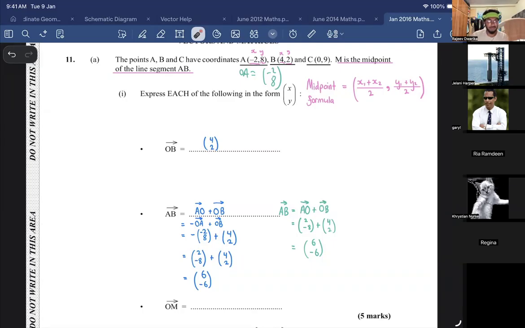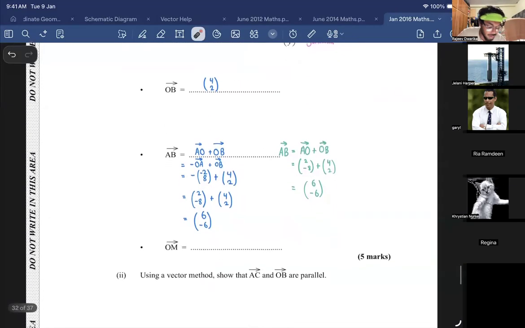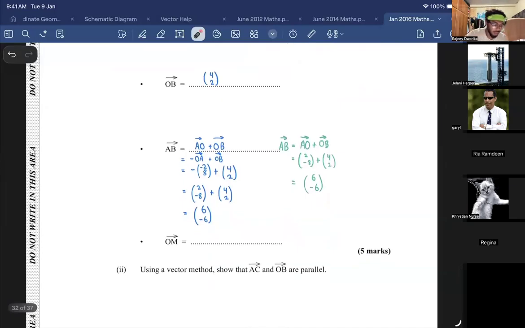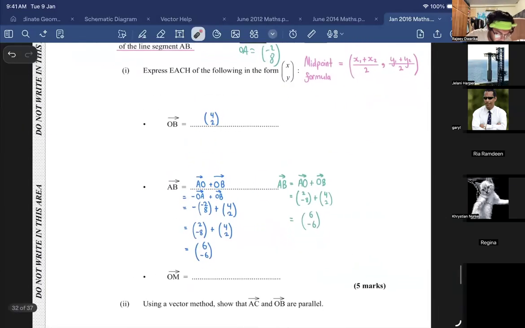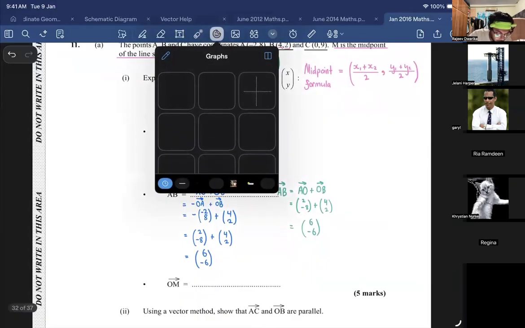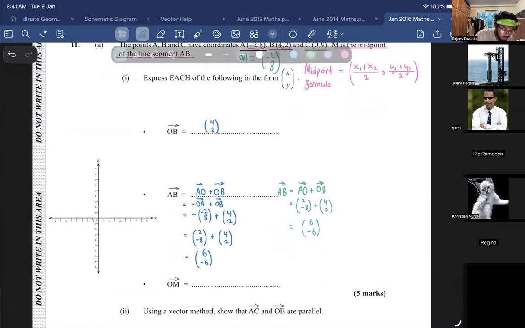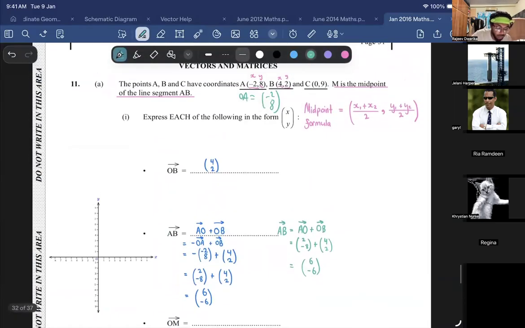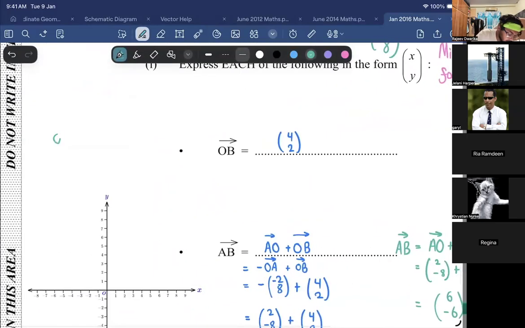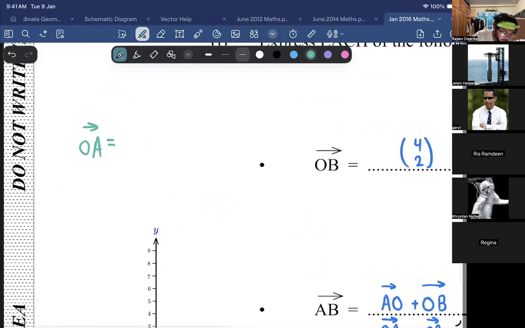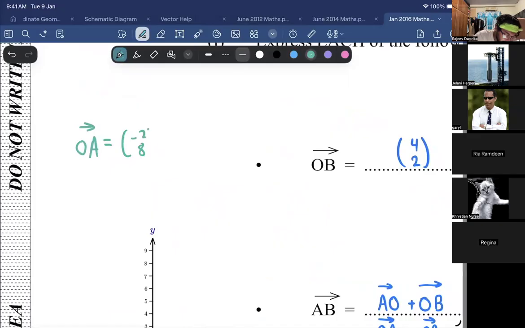So maybe I should graph this thing out and you go understand what happened in here, because I feel like some people might be a bit confused. Alright, so I'm gonna put on A, O to A, first. We know that vector O to A is just -2, 8.